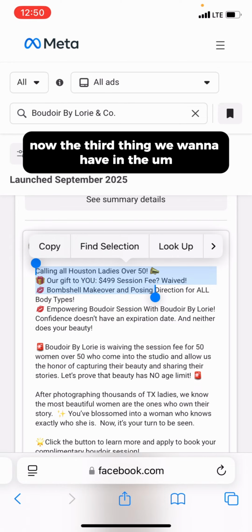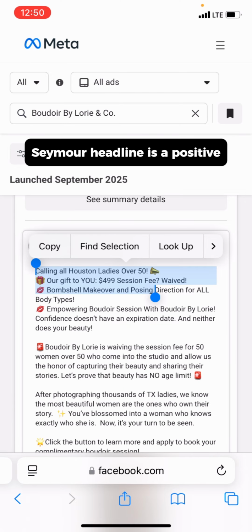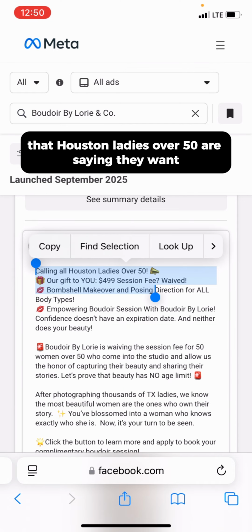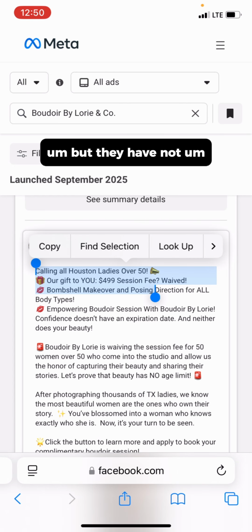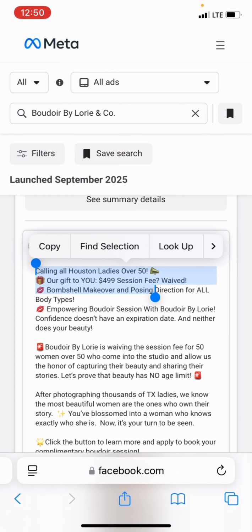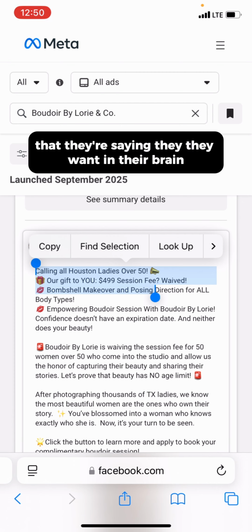Now, the third thing we want to have in the see more headline is a positive. What is something positive that Houston ladies over 50 are saying they want, but they have not, that they're saying they want in their brain?